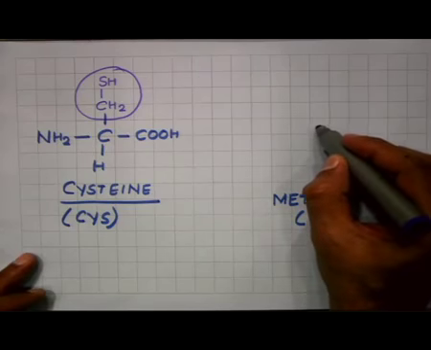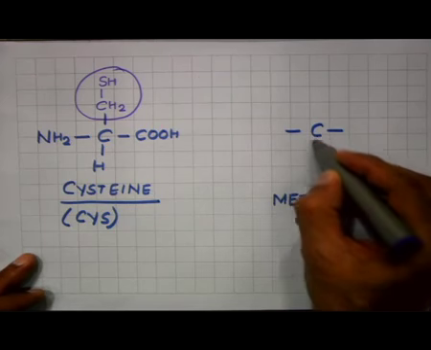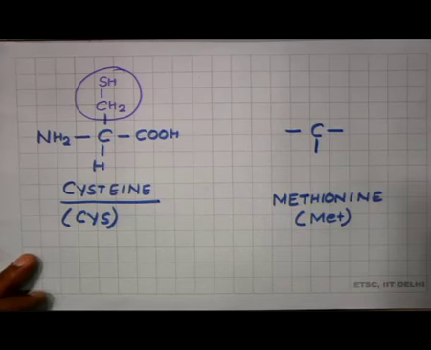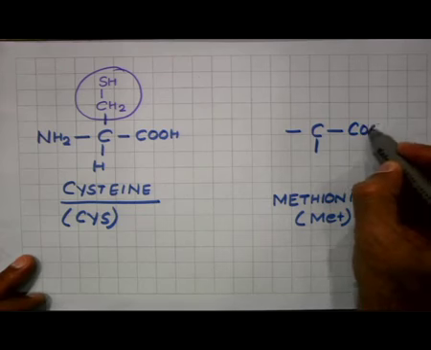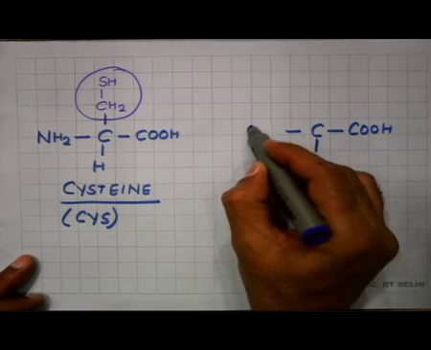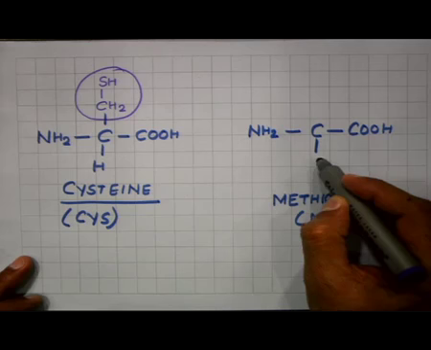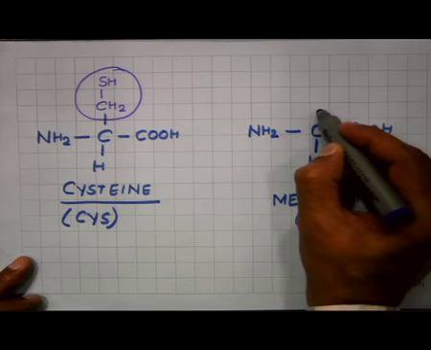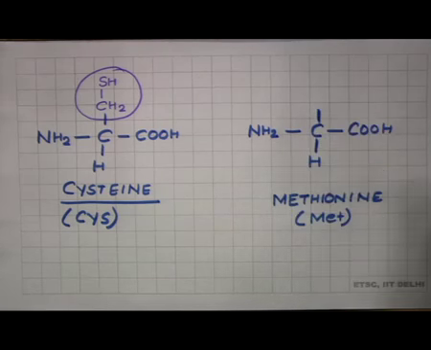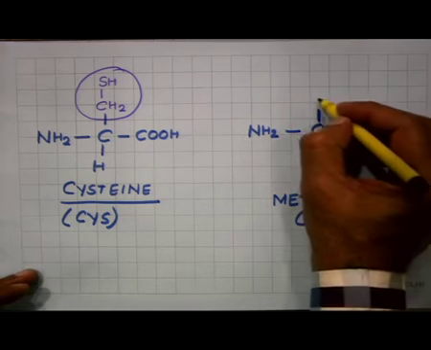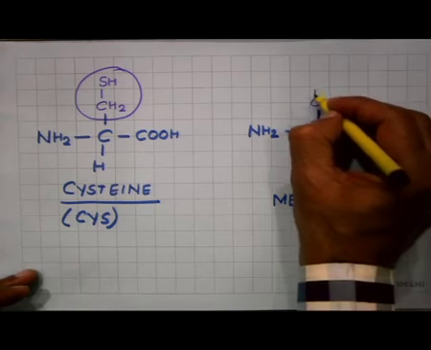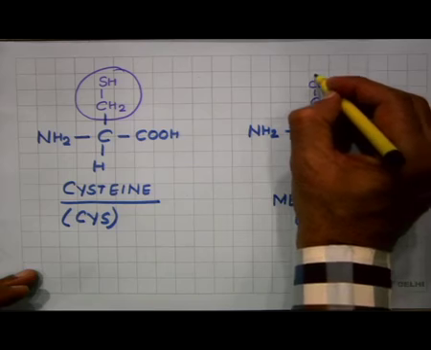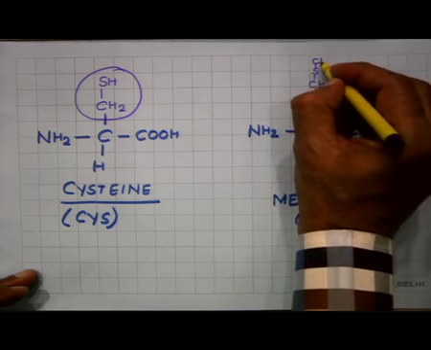The structure of methionine is the same on 3 sides, no problem, that is COOH group, here NH2 group, here H group, but here is the variation, that is CH2, sulfur and CH3 methyl group.